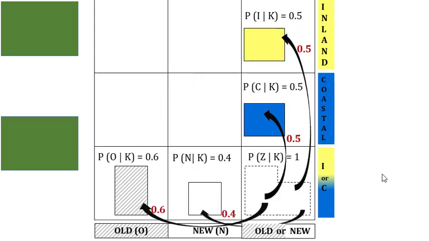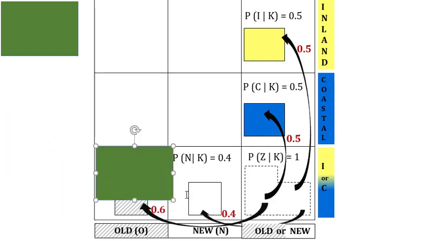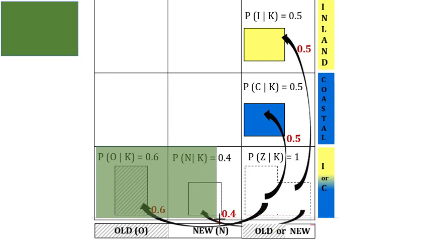Let's for the time being ignore the variable age. We are considering the marginal probabilities of inland and coastal given background knowledge. We know from the previous videos that it is 0.5 for inland and 0.5 for coastal.